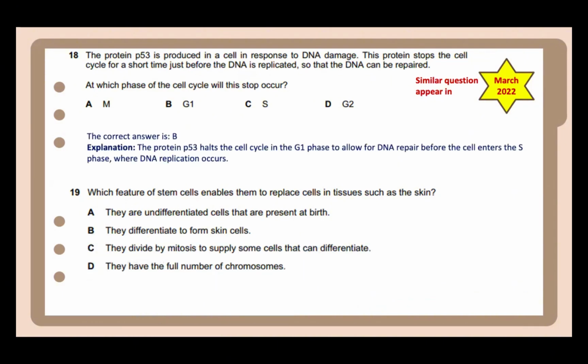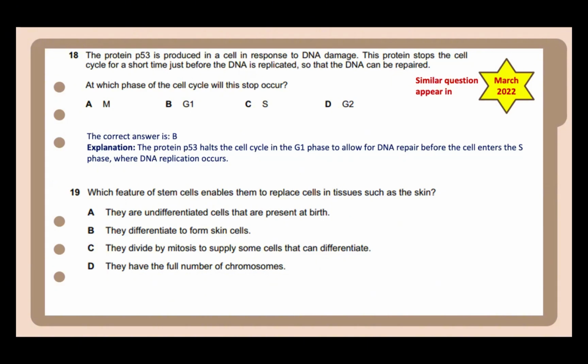This is also a similar question which appeared in March 2022. The protein p53 halts the cell cycle in G1 phase to allow for DNA repair before the cell enters the S phase, where DNA replication occurs.